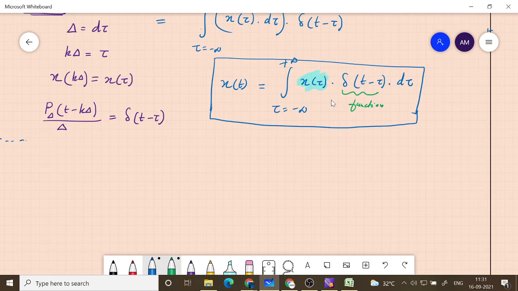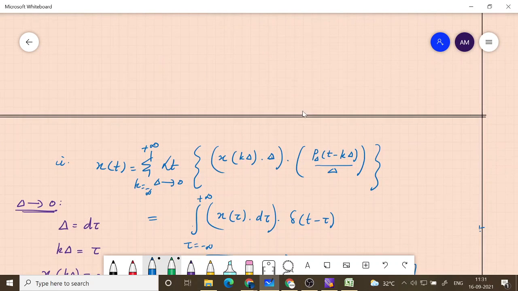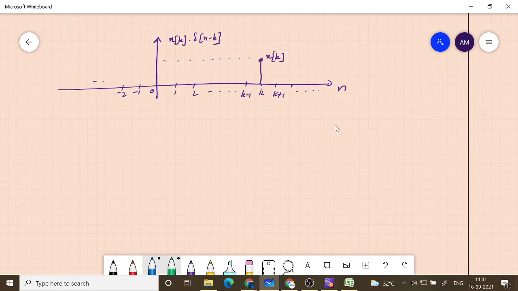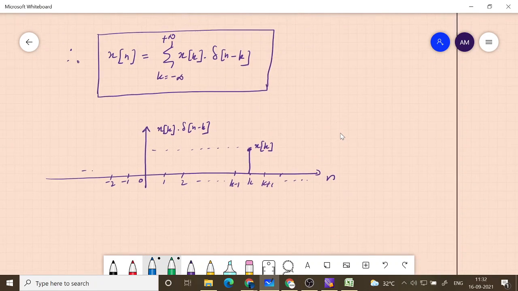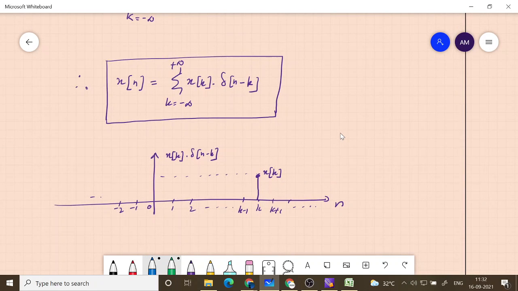It is the same idea that we saw above. In the discrete time domain, you had an impulse function, so this is our function. We are expressing one function in terms of another function, and each one is a shifted version of the impulse function multiplied with some amplitude.